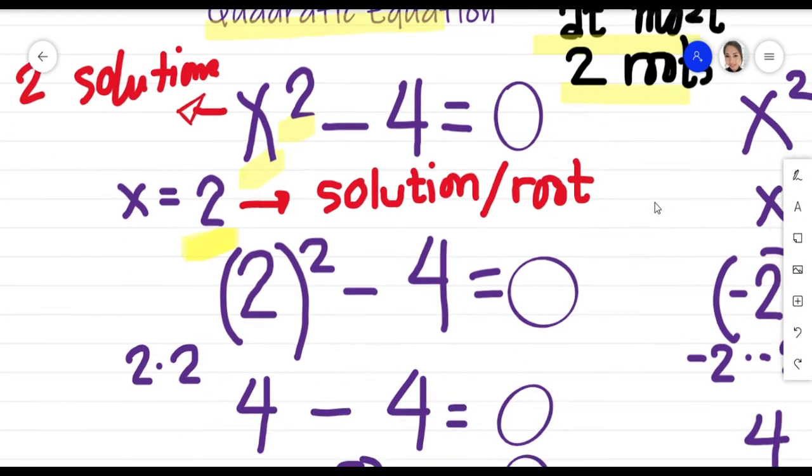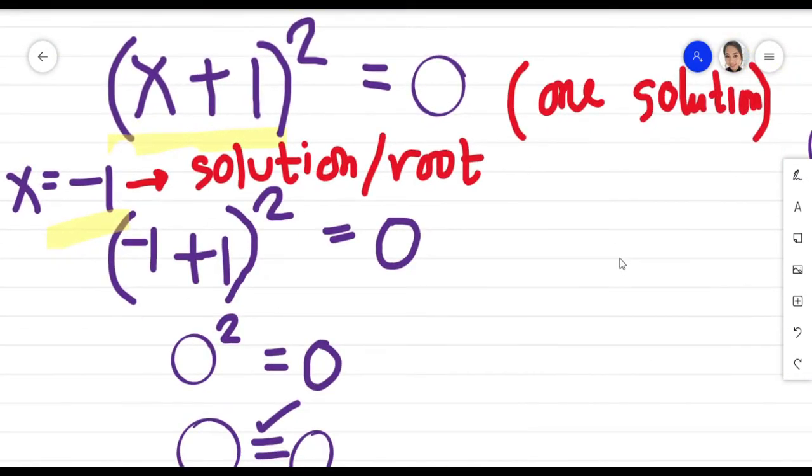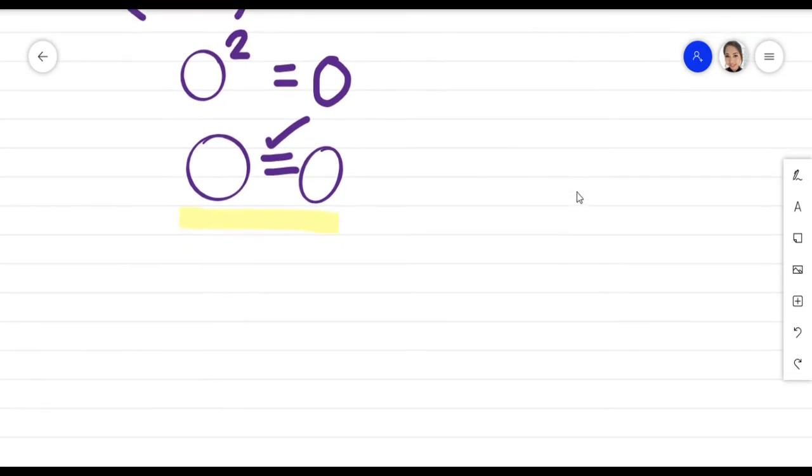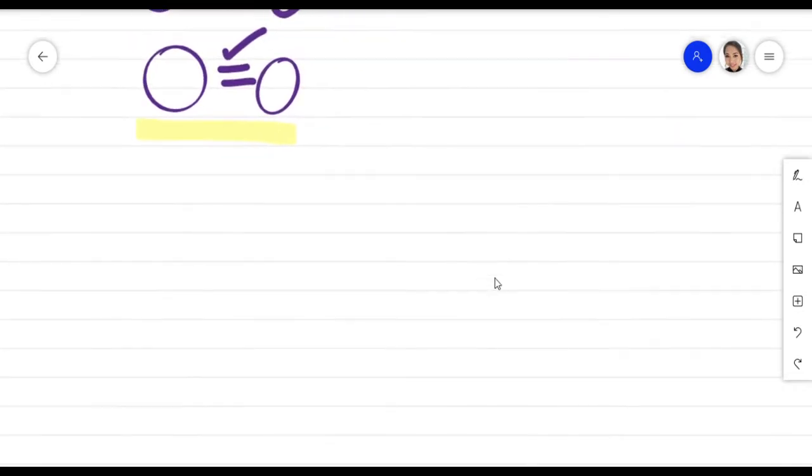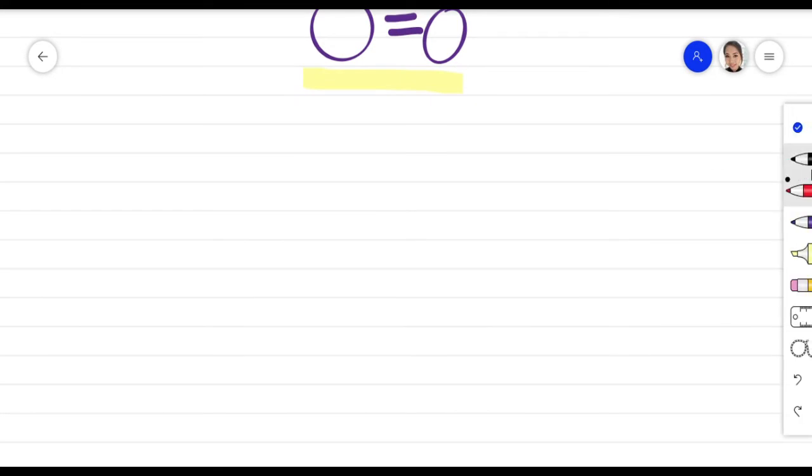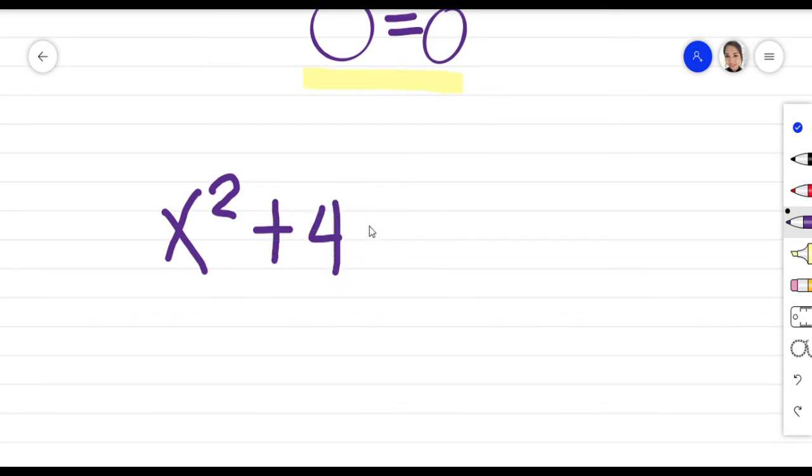Now, let's have an example of a quadratic equation which has no real solution. Okay, x squared plus 4 equals 0.